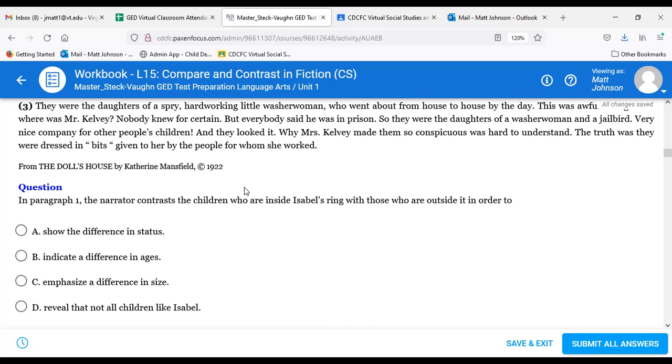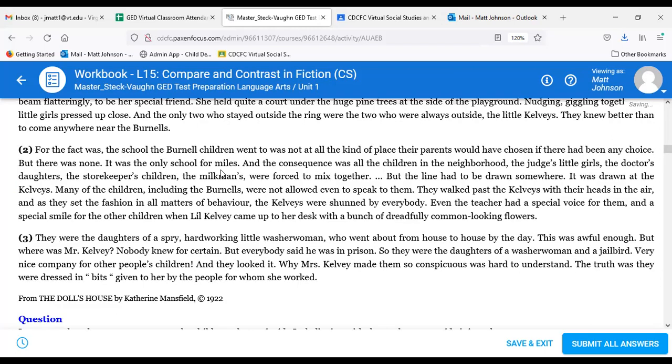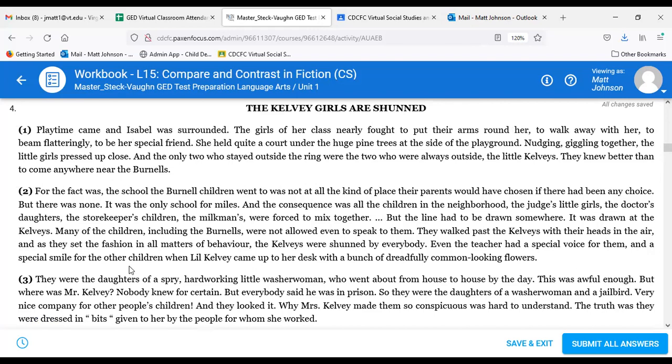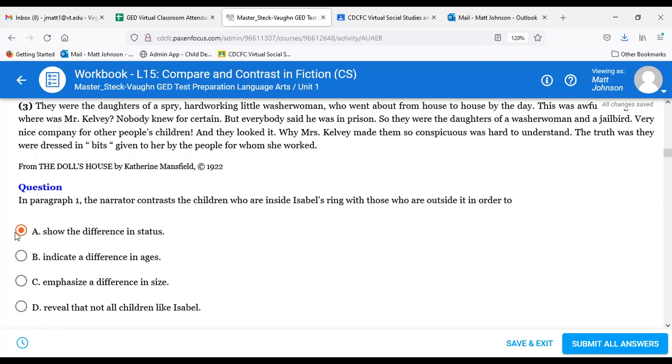A. Yeah, A. So what we're seeing here is a setup of a difference in status, right? It looks like economic status or difference in class between the Burnells and the Kelbys. A for number 4.